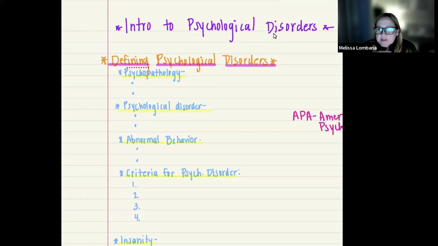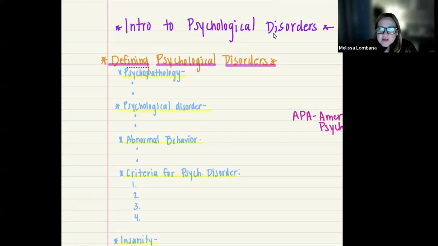Okay, so this is just basically the study of mental disorders. And you're going to see it might be called mental illness, mental disorder, psychological disorders, and they all basically mean the same thing.